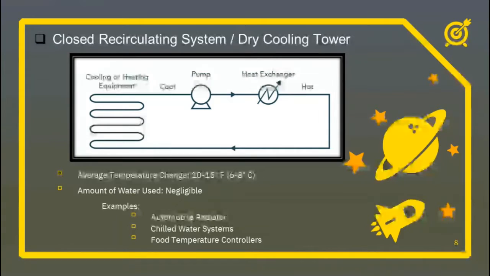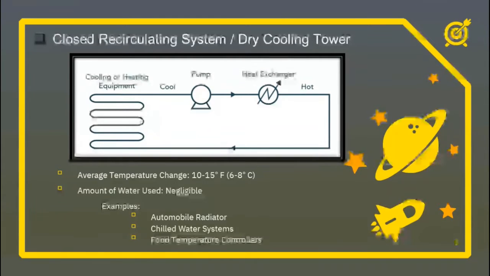The average temperature change is 10 to 15 degrees Fahrenheit or 6 to 8 degrees Celsius, and the amount of water used is negligible. For examples are automobile radiator, chilled water systems, and food temperature controllers.